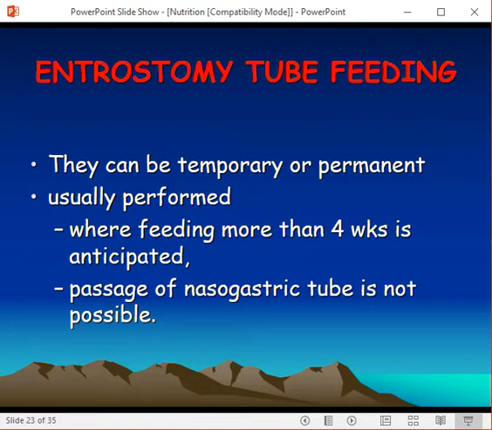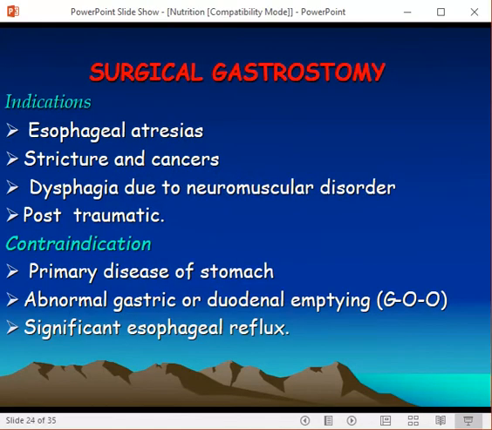And this enterostomy tube is through gastrostomy or jejunostomy. Surgical gastrostomy. What are the indications for this surgical gastrostomy?